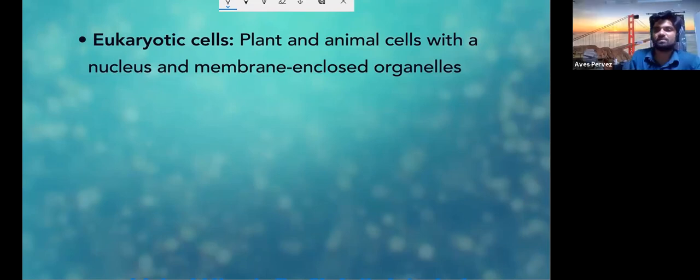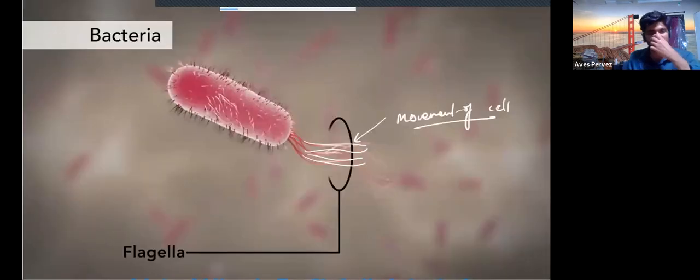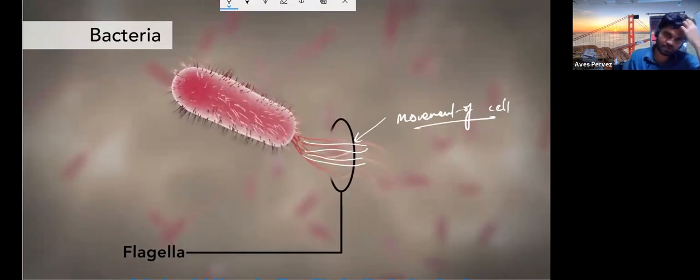So cilia is a simple thread-like structure that comes out of the cell.